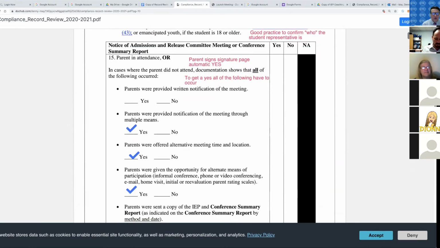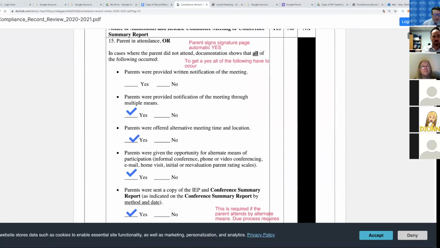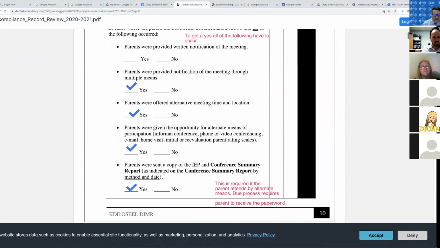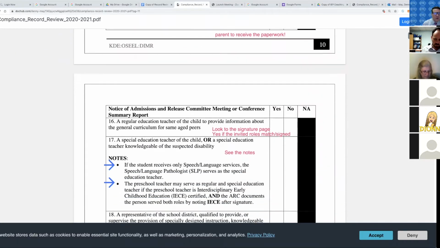Again, to circle the wagons, we just want to make sure that we got the proper people signed in, and that we get that due process paperwork to the parents, and that we document by method and date how we got that information to the parents. Then we look to see if there's a regular education teacher of the child to provide information about the general curriculum for the same age period.